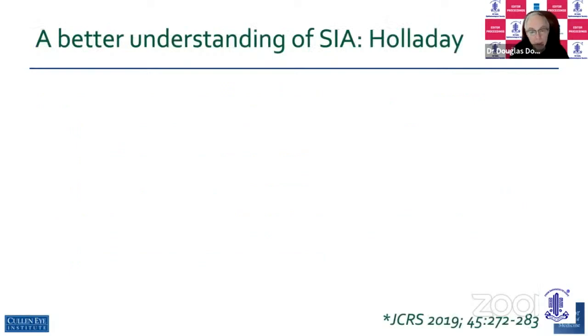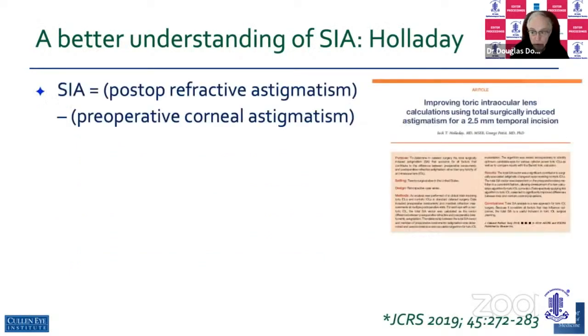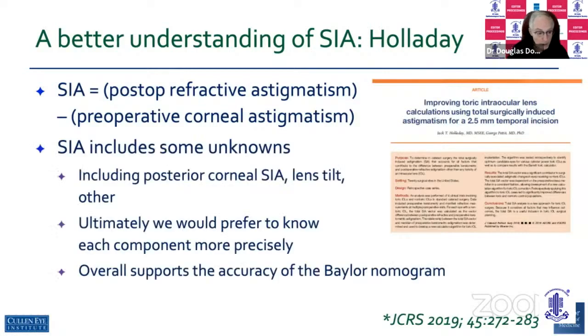But SIA is more complicated, and a paper from Jack Holladay and George Pettit recently makes the point that surgically induced astigmatism really is the postoperative refractive astigmatism minus the preoperative corneal astigmatism, whether anterior or total. And the SIA includes a lot of unknowns: posterior corneal surgically induced astigmatism, lens tilt, other things.